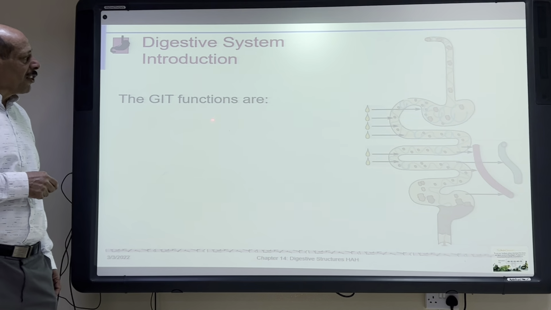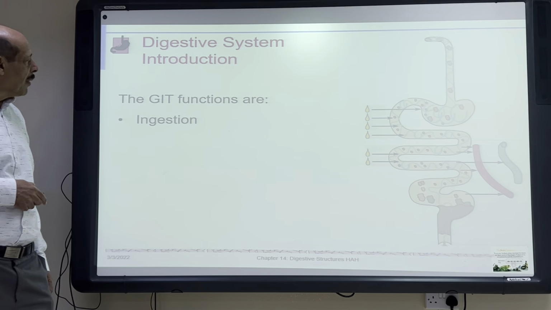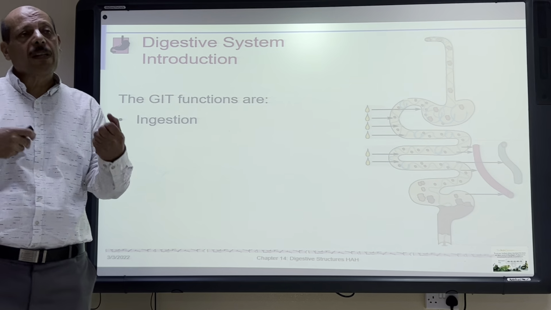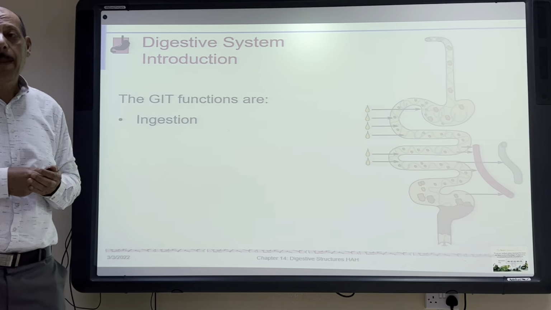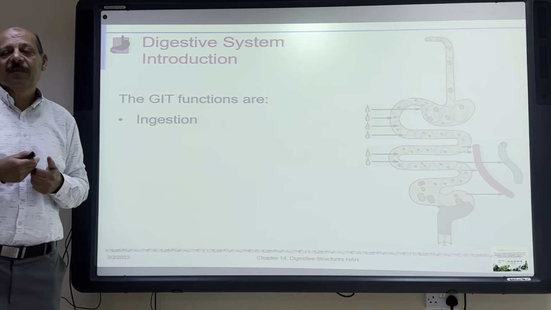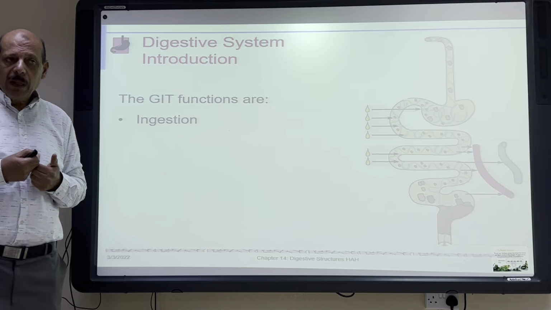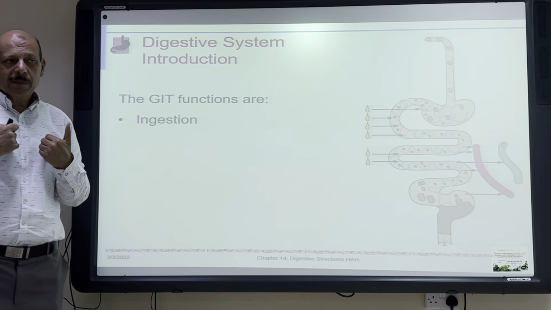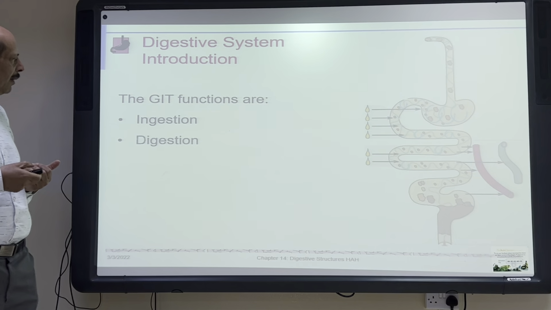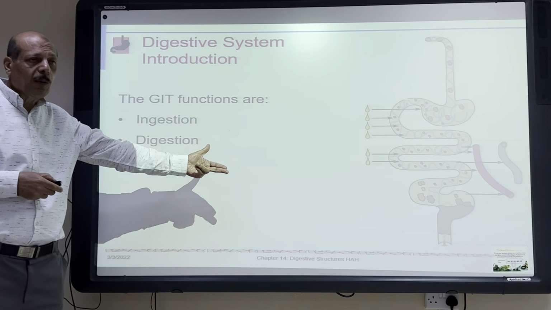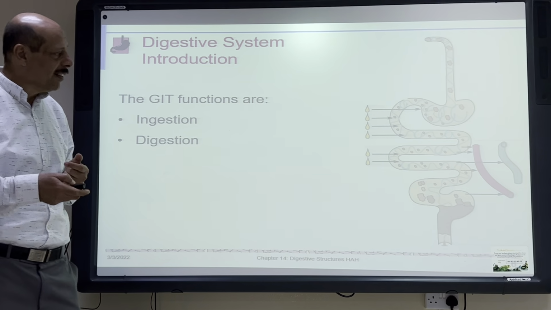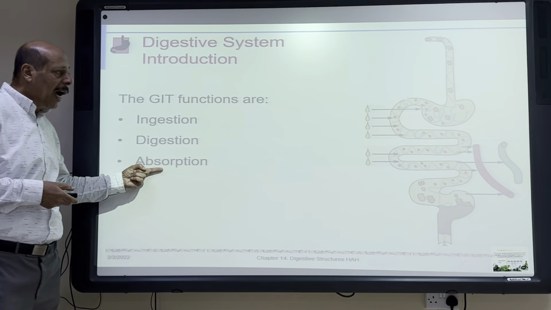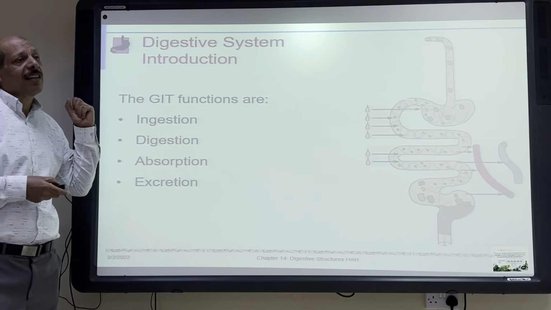The GI tract functions: the first one is ingestion. What do we mean by ingestion? Eating or taking in. Then the second one is digestion. So there is ingestion, digestion, absorption, and excretion.